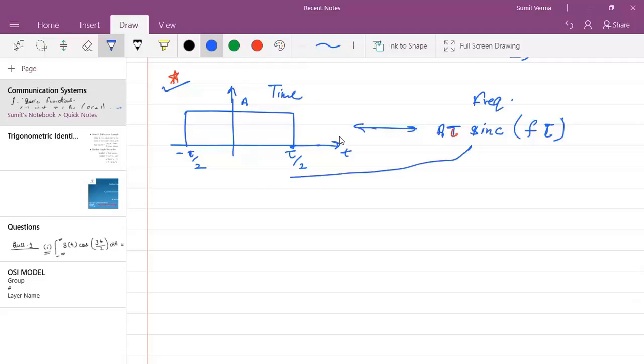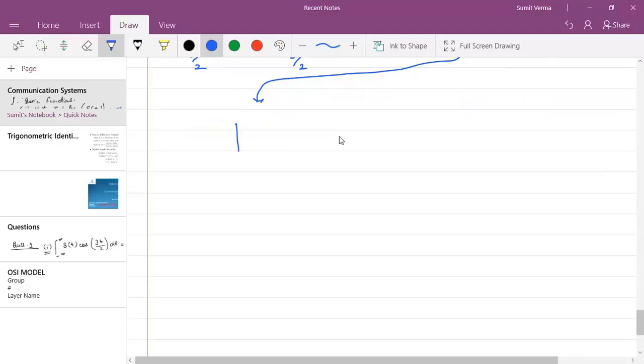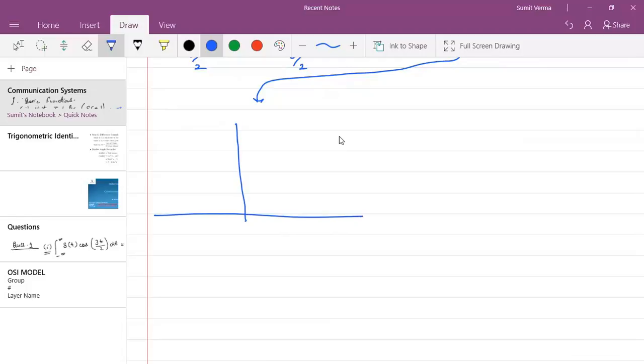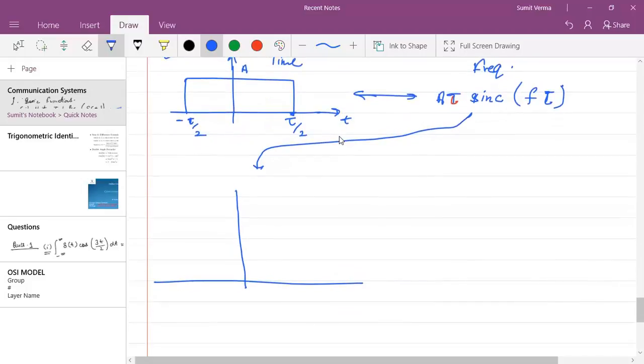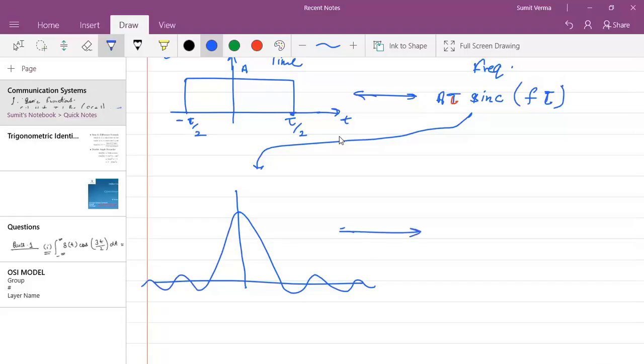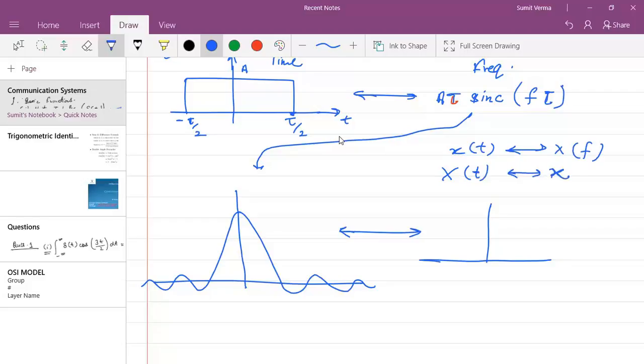If I bring this to time domain, and I want to find the Fourier transform for the sinc function, which is defined like this, it will be simple, because we know from the duality property that if x of t has a Fourier transform of X of f, just by changing the variable, X of t will have a Fourier transform of small x of minus f.